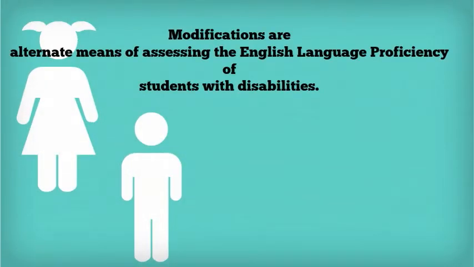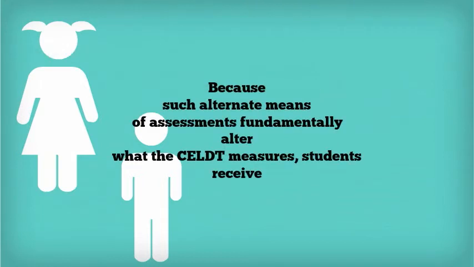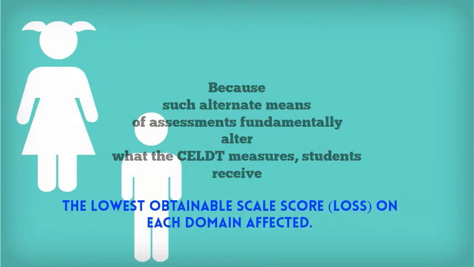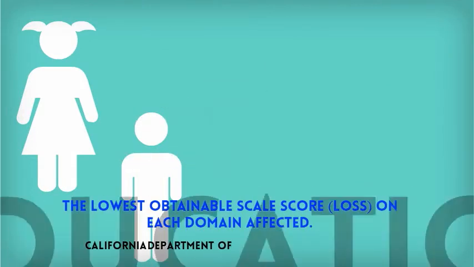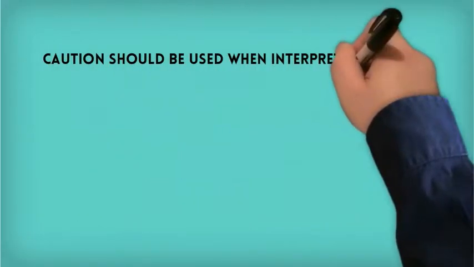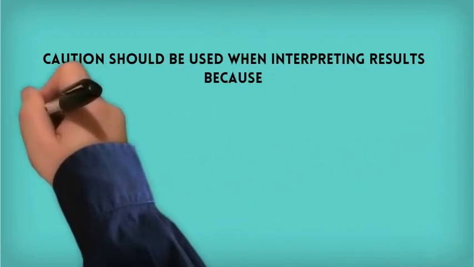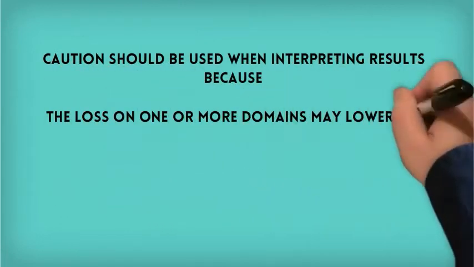Modifications are alternative means of assessing English language proficiency of students with disabilities. Because such alternate means of assessment change what the CELDT measures, students receive the lowest obtainable score, or the LOSS. Caution needs to be used when interpreting the results of the LOSS because modifications will lower the overall score.